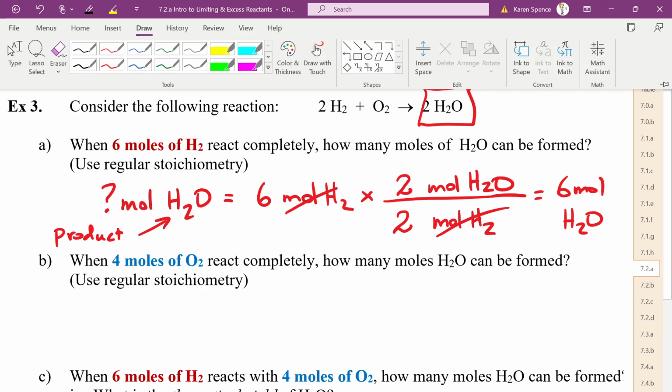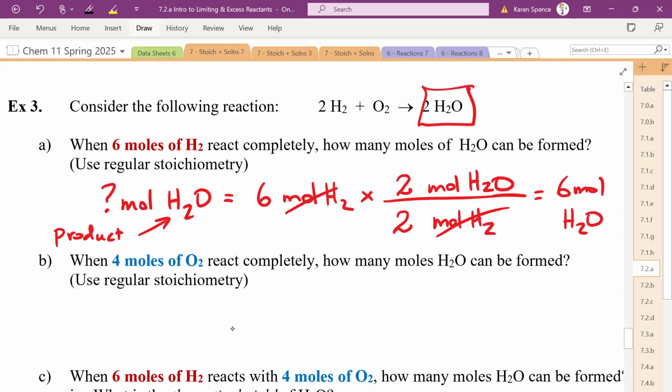Yes? So this is like 6 moles of H2. So what is like 2 moles of H2O? So where did these 2's come from? Yeah. The 2's came from the coefficients in the balanced reaction. For every 2 moles of H2 that we react, we get 2 moles of H2O.